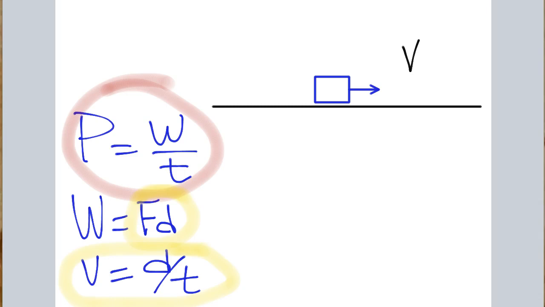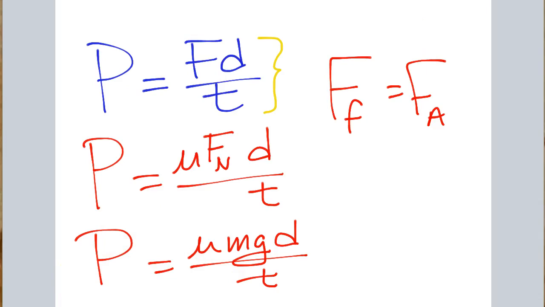In this situation, if we're pulling this block with a force at a constant velocity, that means the force applied and the force of friction are equal and opposite. So we can start substituting some of these values. We can replace work with force times distance, and if the force of friction is equal to the force applied, we can replace the force with mu times the normal force of that mass. If we wanted to break that down even further, we know that the normal force is mass times gravity as long as it's on a horizontal surface.